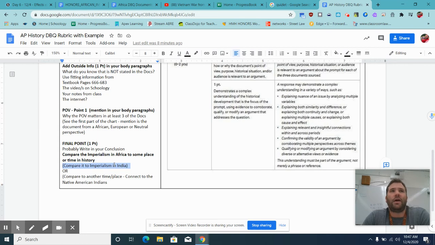When they took over India, they took the resources from the Indians, much like they did in Africa. Say something about that. Or, in Africa, there was the Zulu War where the Zulus were trying to fight back against the British. In India, there was the Sepoy Rebellion where the Sepoys tried to fight back against the British. There's an easy comparison.